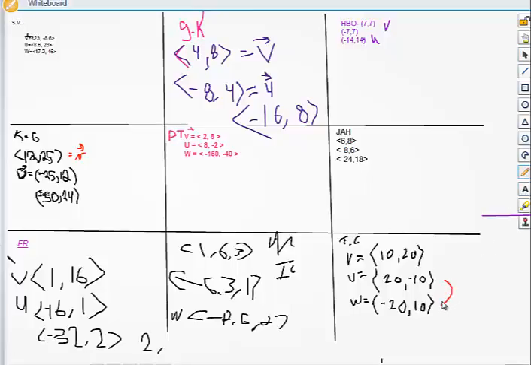What did Tyler multiply his vector u by to get vector w? Negative 1. Is that okay? Is that collinear? Yes, absolutely. It's also something else besides collinear. What else could we say is the relationship between Tyler's u and Tyler's w?